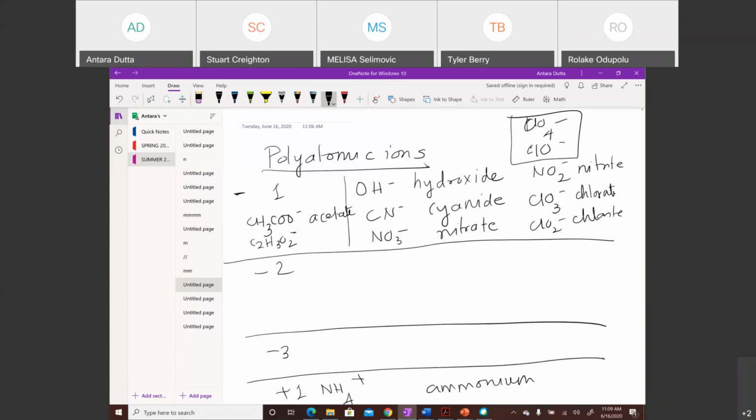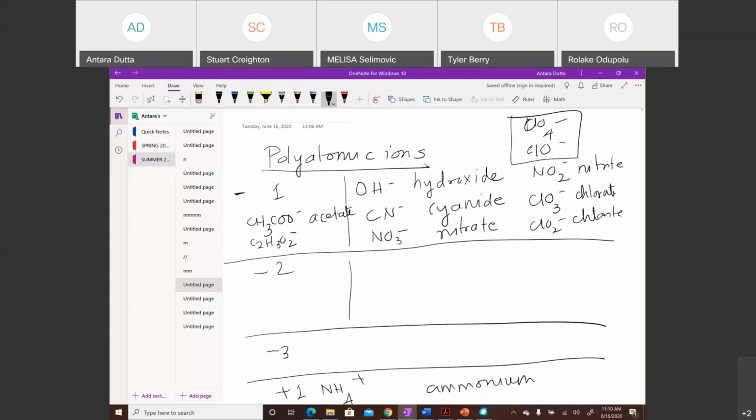Or if I give you BrO2 minus, you should be able to tell that this is bromite, just like chlorate, chlorite. Because we are just replacing chlorine with other halogens like bromine or iodine. Any question about the -1 polyatomic charges? No. And then -2.